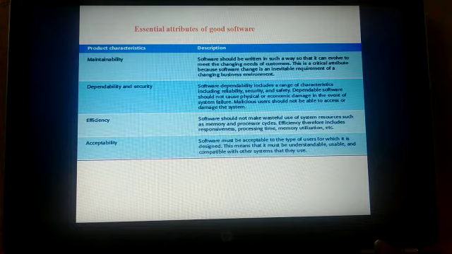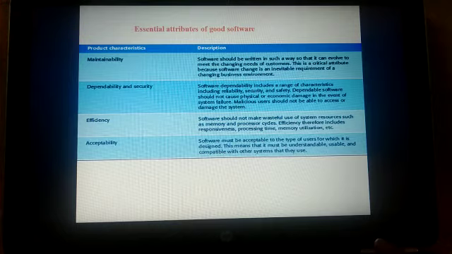Maintainability is a critical attribute because software change is an inevitable requirement of a changing business environment and we need to maintain it. Software dependability includes a range of characteristics, including reliability, security, and safety, and it should not cause any physical or economic damage in the event of system failure.